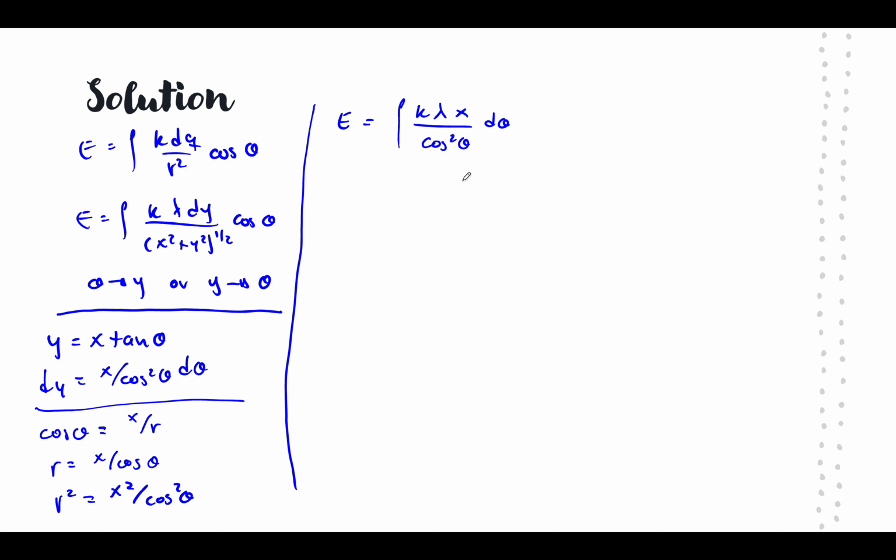And r squared, which is this term right here, is equal to x squared over cosine squared theta. So this would be x squared over cosine squared theta, and then our original cosine theta, this cosine theta right here. Okay?